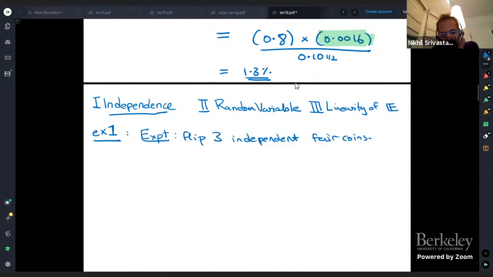And I'm going to consider 2 events. So I'm going to consider the event H1. This is the event that the first coin is heads. So there is an underlying sample space S, which is all 3-tuples of H and T. And H1 is going to be the set of all outcomes such that the first coin is heads.